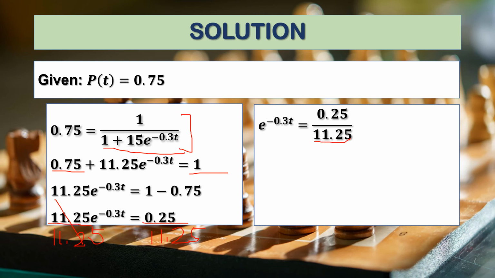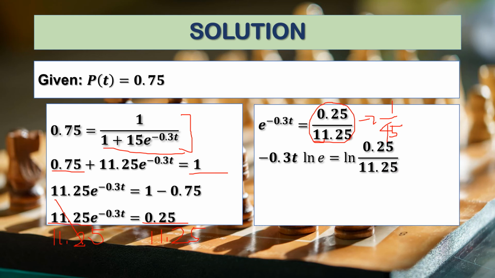And this part is equal to 1 over 45. Then, solve for the value of t by taking the natural logarithm and dividing both sides of the equation by negative 0.3.